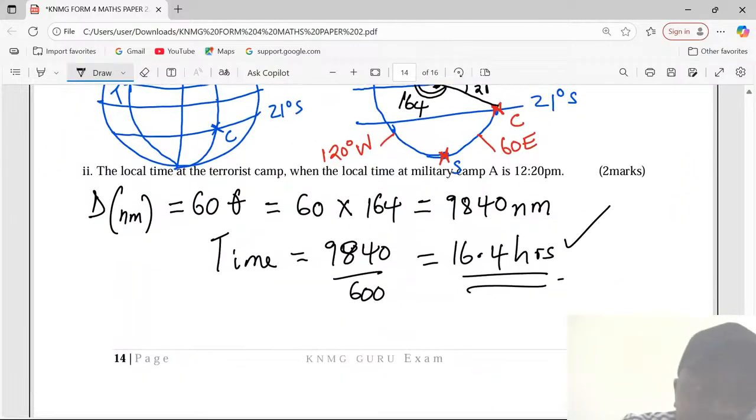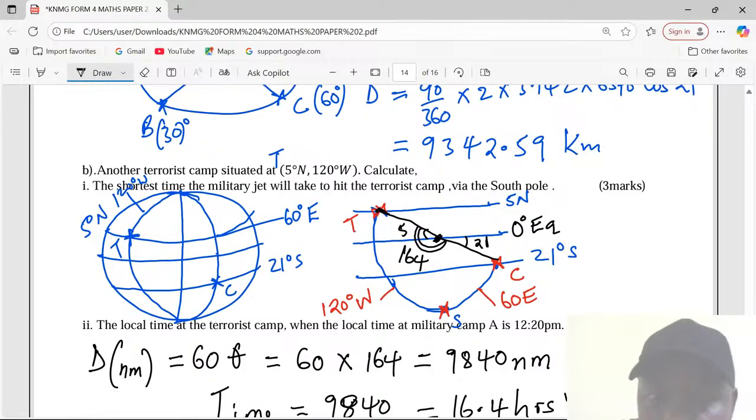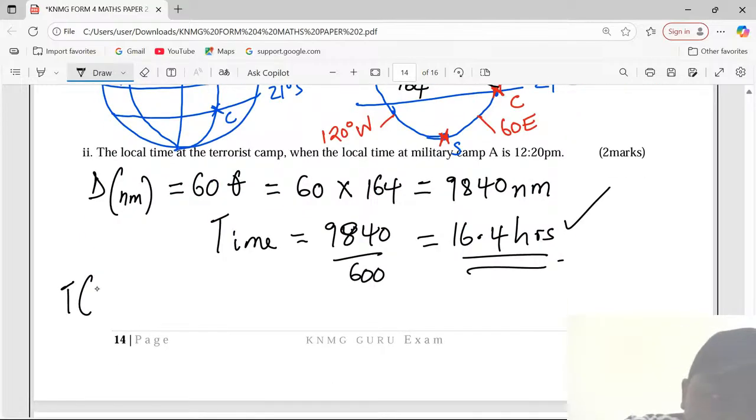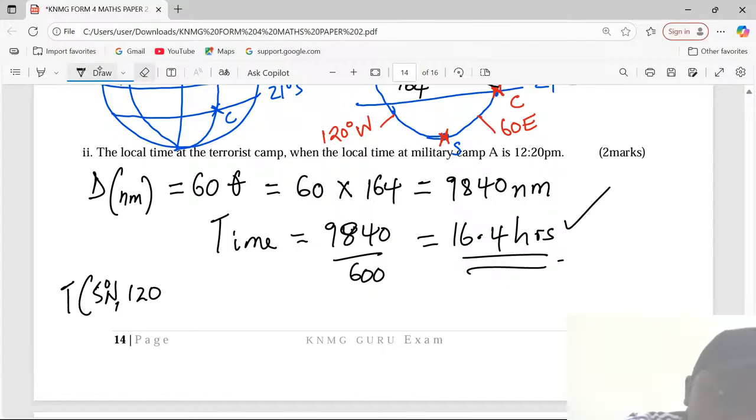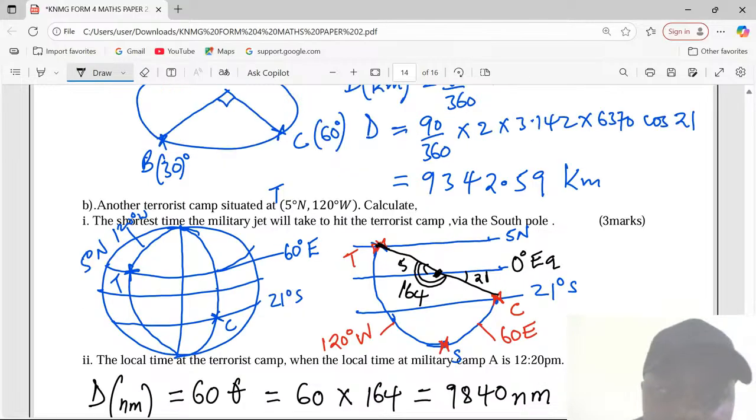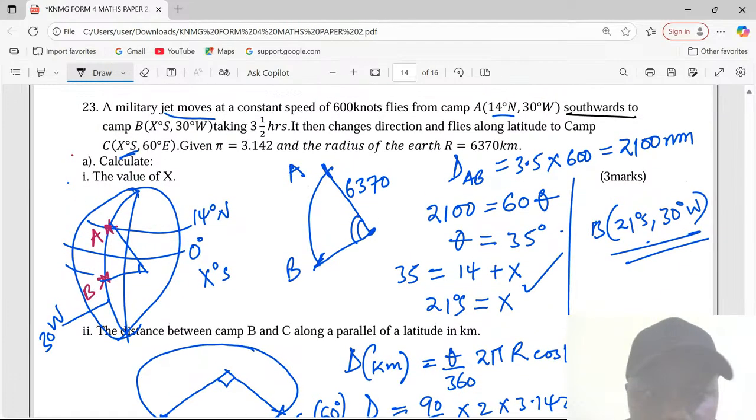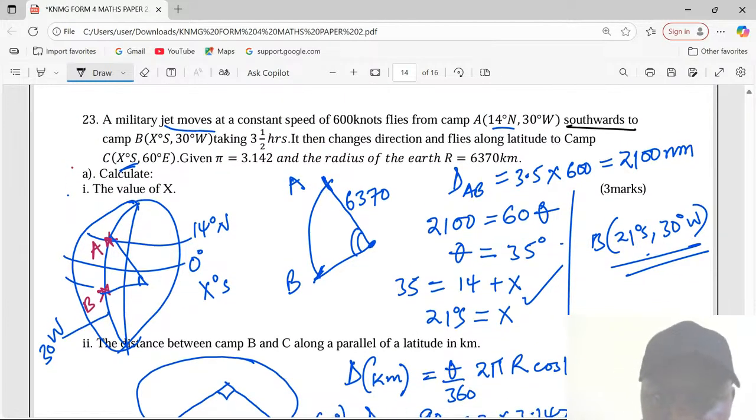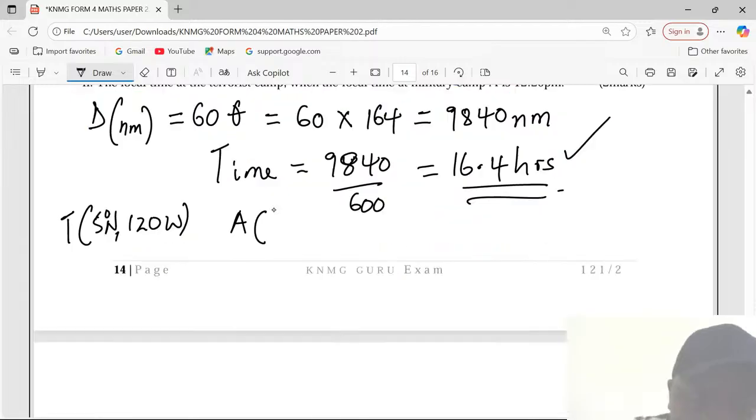So the terrorist camp is at 5 in the north, 120 in the west. Camp A equals 14 north, 30 west.